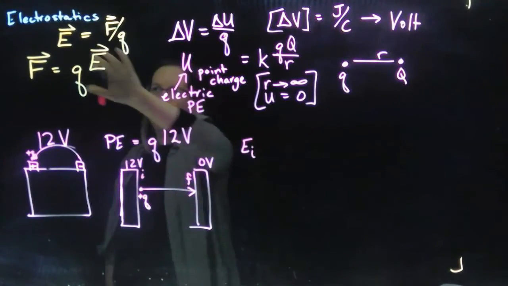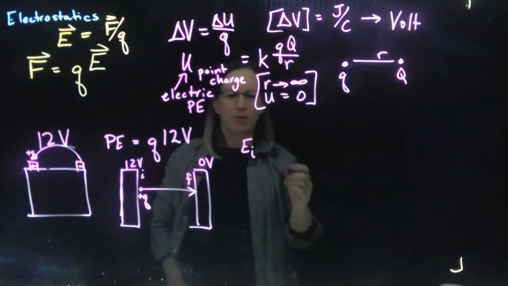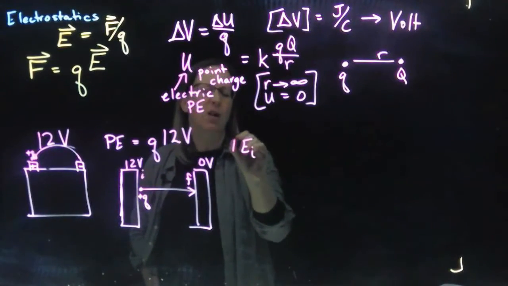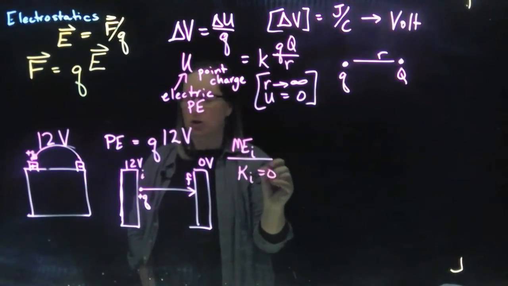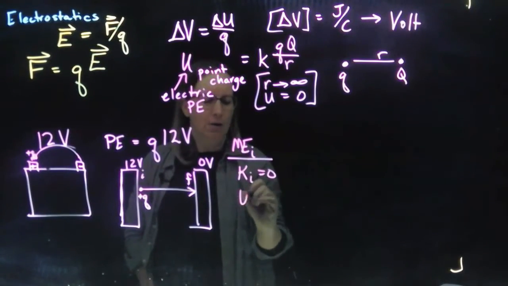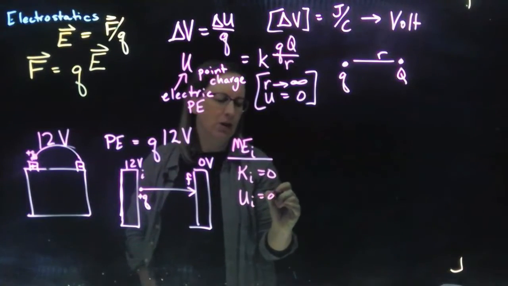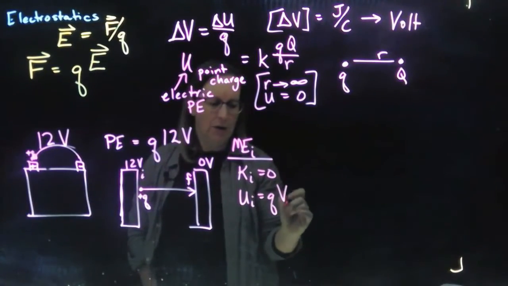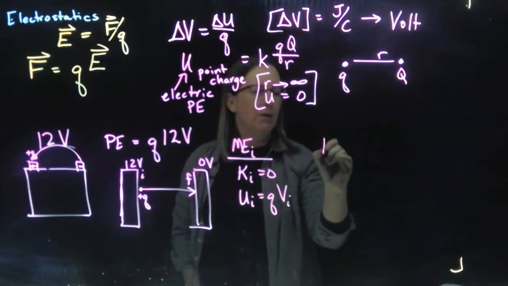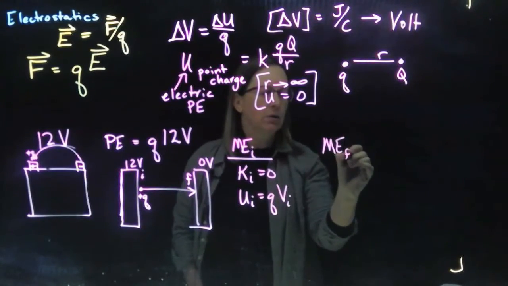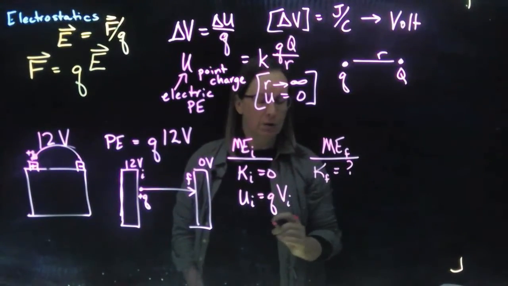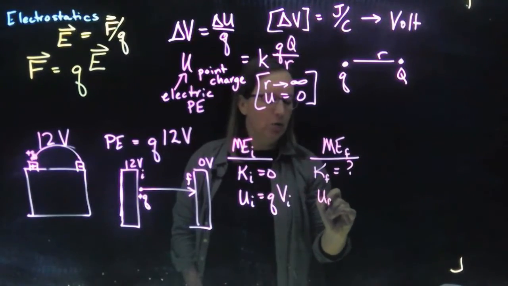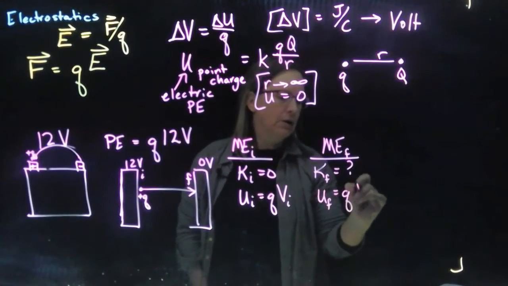I'll try to keep my electric fields as having arrows above them, but this is mechanical energy. The initial would be the initial kinetic energy, if it starts from rest, plus the initial potential energy, which would be Q times V initial, and the mechanical energy final would be the final kinetic energy for whatever final speed it had, plus U final, which is Q times V final.